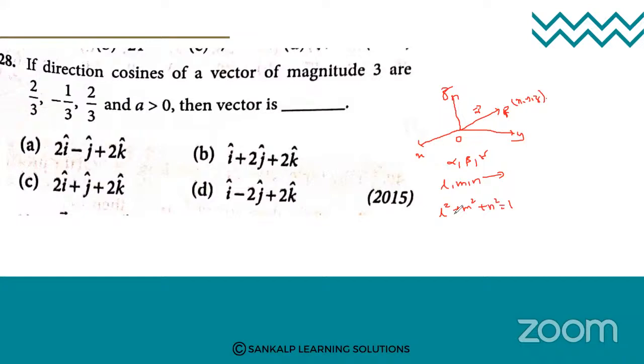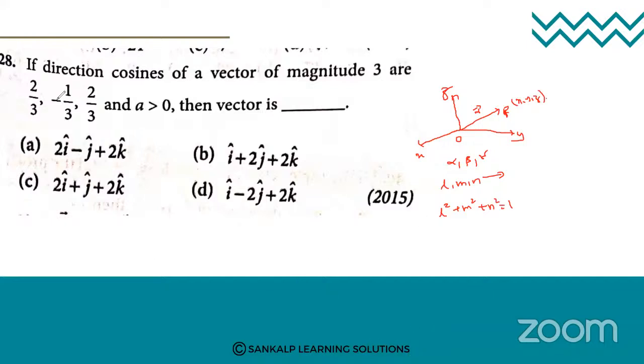And then the next thing is direction ratios. Direction ratios of a vector are nothing but the coefficients associated with i cap, j cap, and k cap.